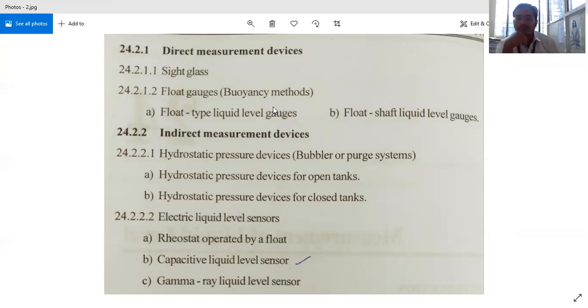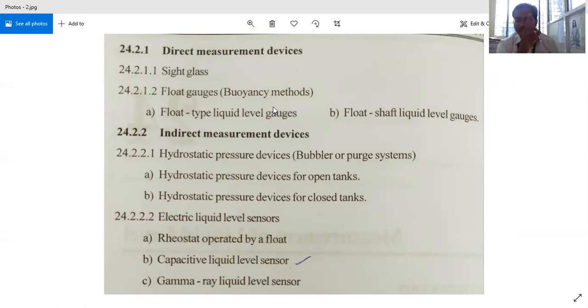In the direct type, the liquid is directly in contact with the instrument. In the indirect type, we measure the pressures. We use the hydrostatic pressure, and we indirectly analyze the head of the liquid by determining the pressure.